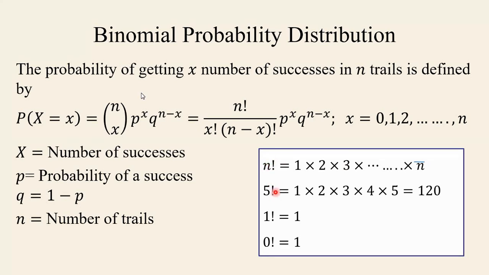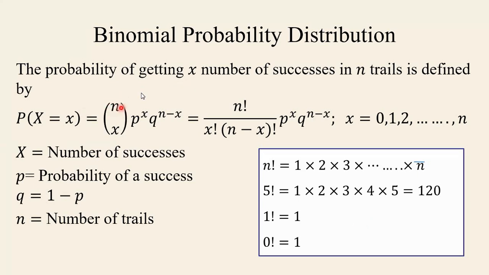So if we want to calculate 5 factorial, we have to multiply 1 into 2 into 3 into 4 into 5, that is 120. 1 factorial is 1. Also remember that 0 factorial is always 1. If we want to calculate 3 factorial, we multiply 1 into 2 into 3.